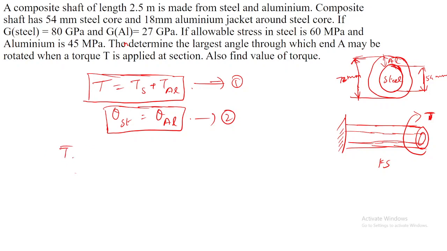So T steel into L steel, here the length is 2.5 meter, since L is constant I'm taking L common, divided by G steel into J steel, equals T aluminum into L divided by G aluminum into J aluminum.